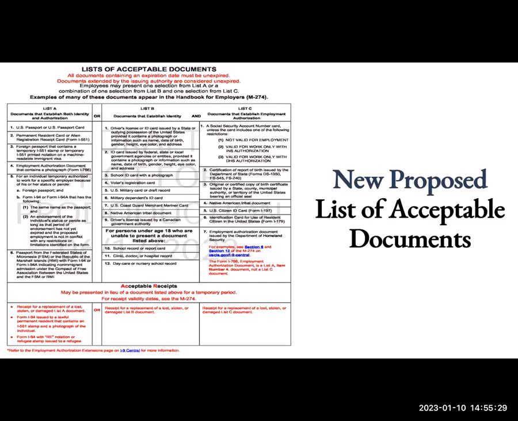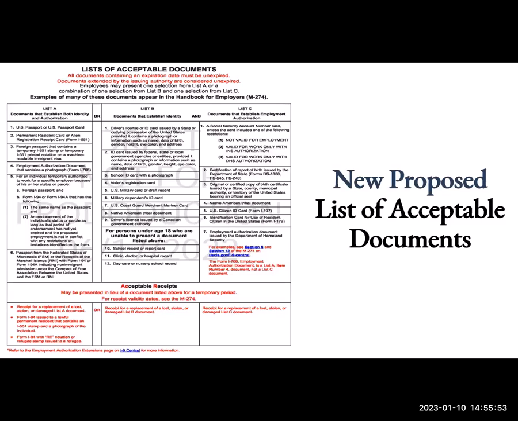I'm going to give you a sneak peek at it now, to make sure that you are aware of that, especially considering the workforce and the need for workers, so that you have a more open opportunity to hire people that you may not have considered before.